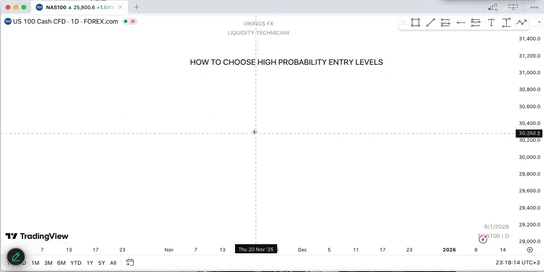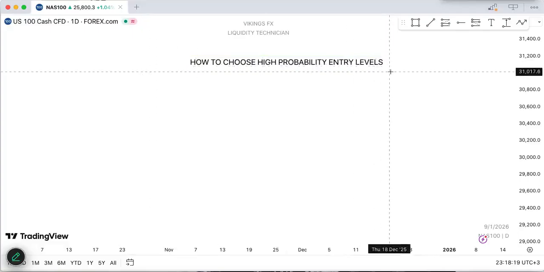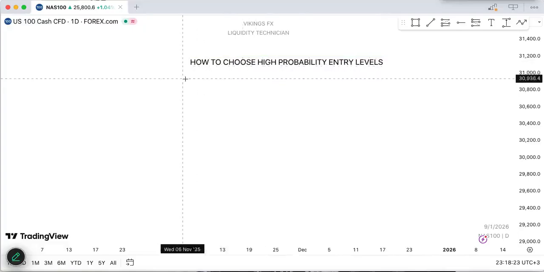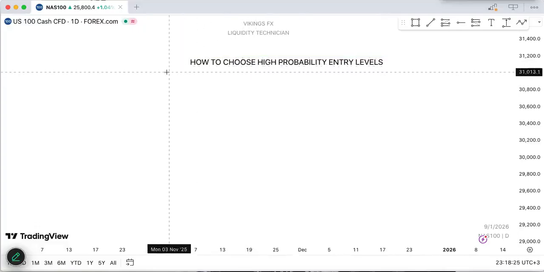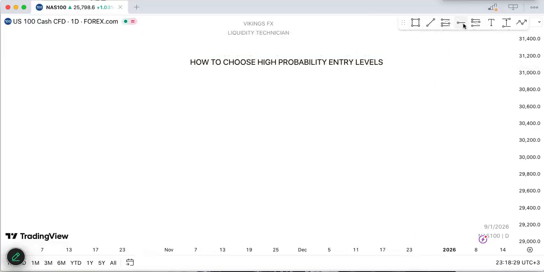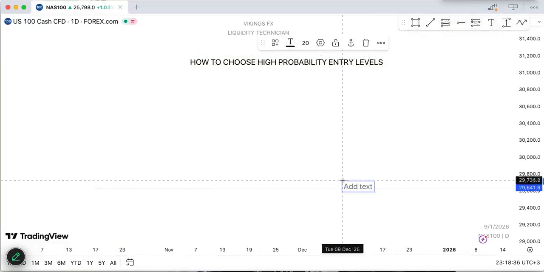Alright, so we are going to look at how to choose high probability entry levels. First and foremost, before choosing our entry levels, we have to have a few things in line. First, we have to have a key level, a fresh key level, mind you.